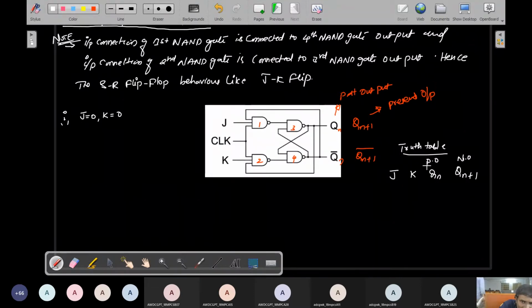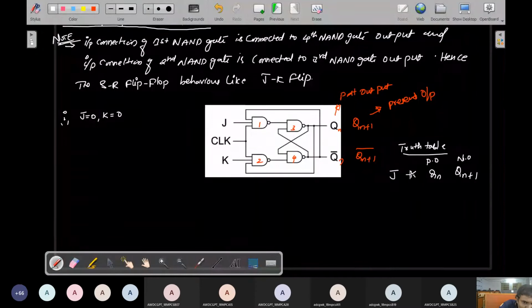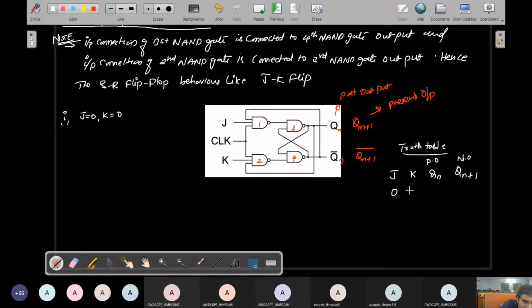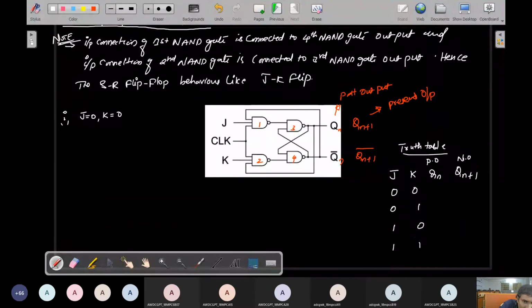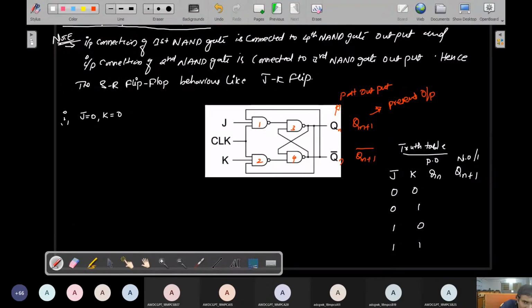Whatever it may be, your choice. So what are the possibilities? They are 0 0, 0 1, 1 0, 1 1.